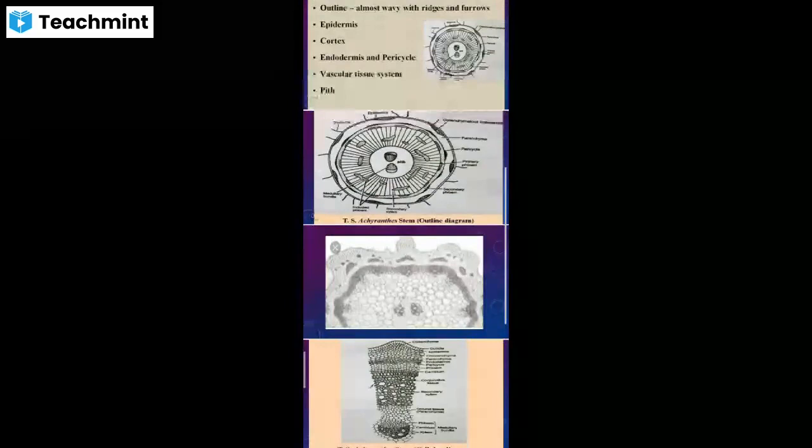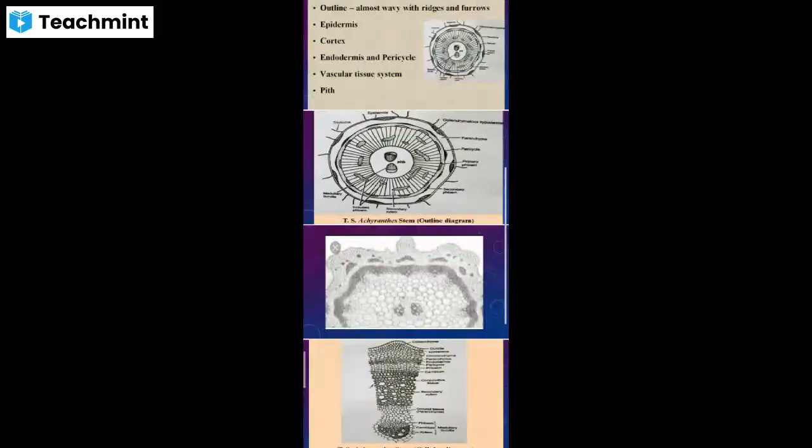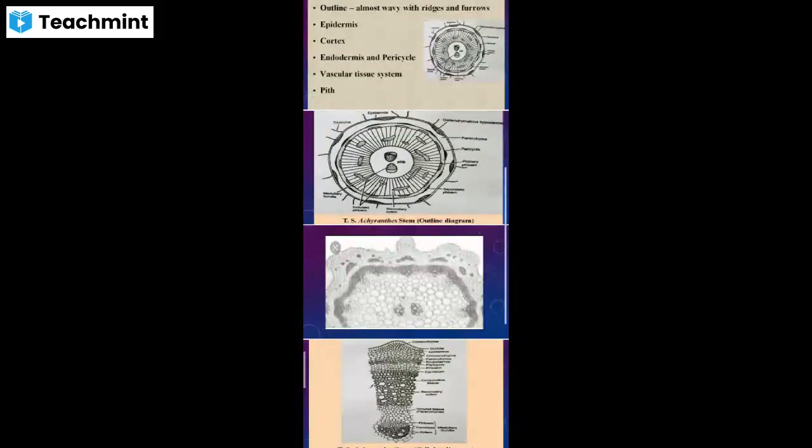These vascular bundles are called primary medullary bundles because they are present in the pith region, and pith is also called medulla. They are of endarch type. Endarch means the protoxylem is present on the inner side and metaxylem on the outer side of the vascular bundle.